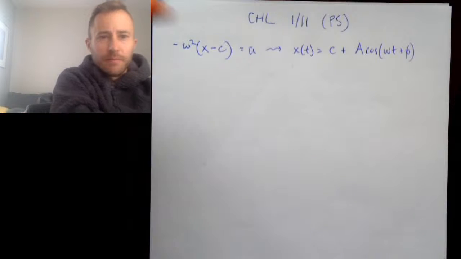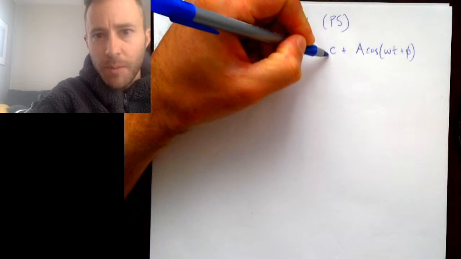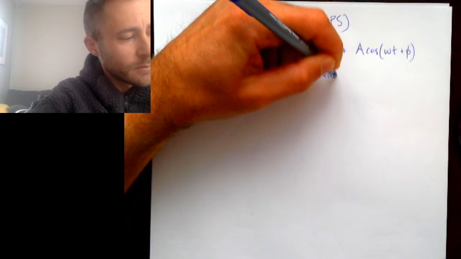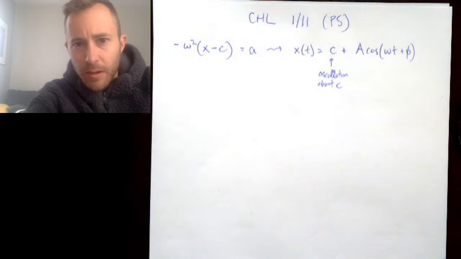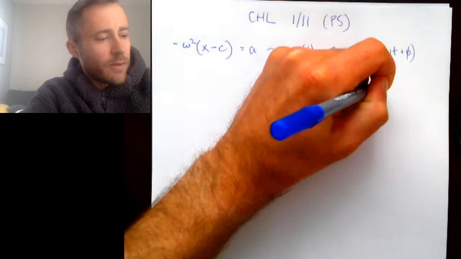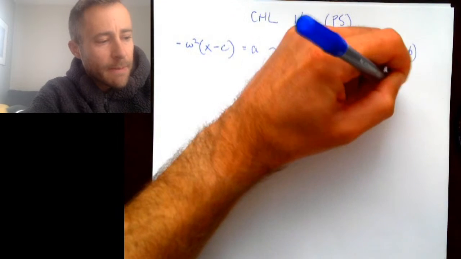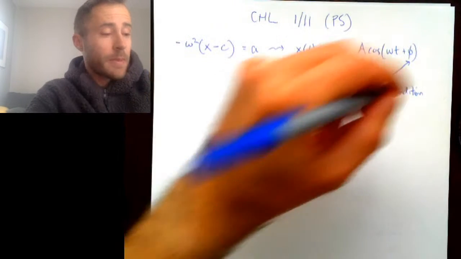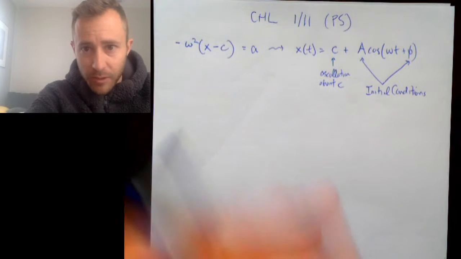So what does that mean? So this is oscillation about the point c. A and phi are initial conditions, so that depends on when you start the motion and how big the motion is.